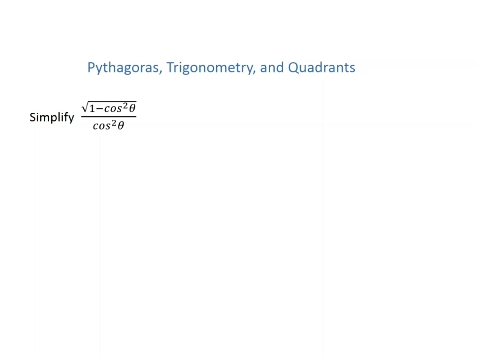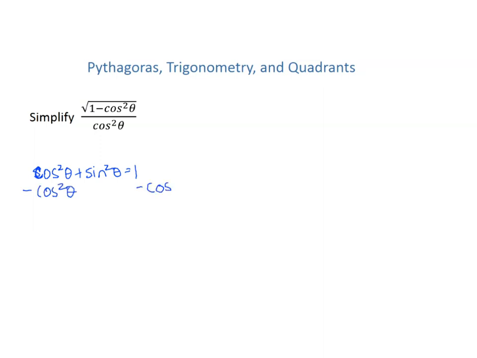So 1 minus cosine squared theta. Now remember, actually, let me do cosine first. We know that cosine squared theta plus sine squared theta equals 1. So this looks like I took the cosine and subtracted it from the 1, right? So I'm going to do that.